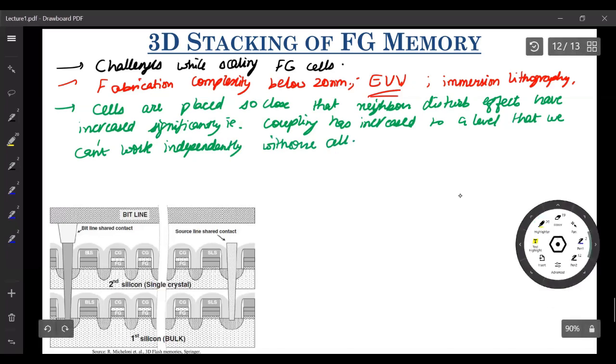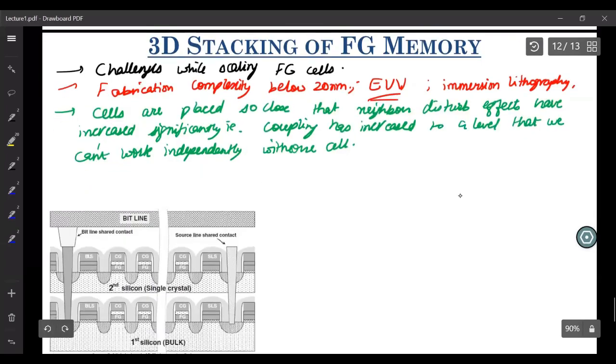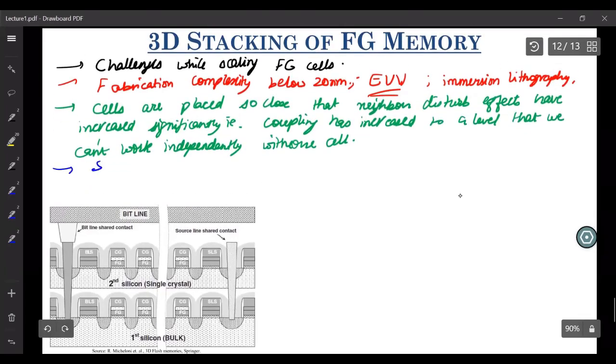Okay. Apart from that, what are the other reasons? So, scaling your floating gate simply means reducing the volume over which electrons are stored, right?